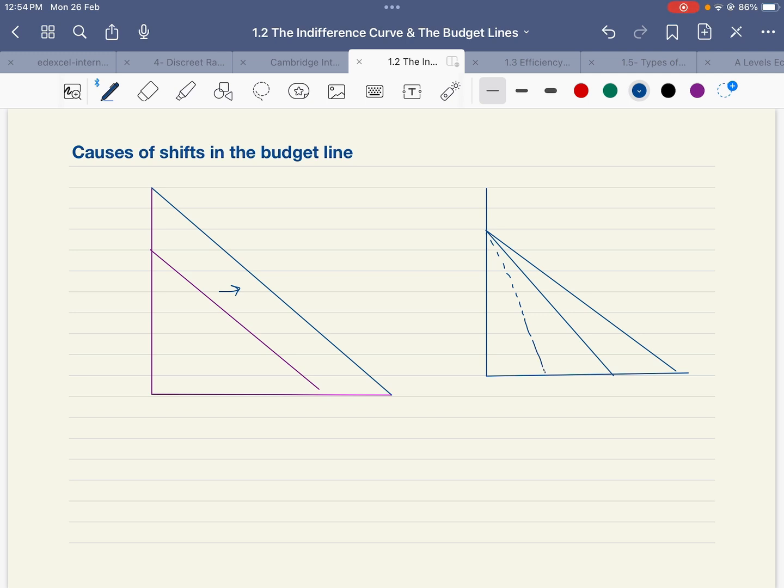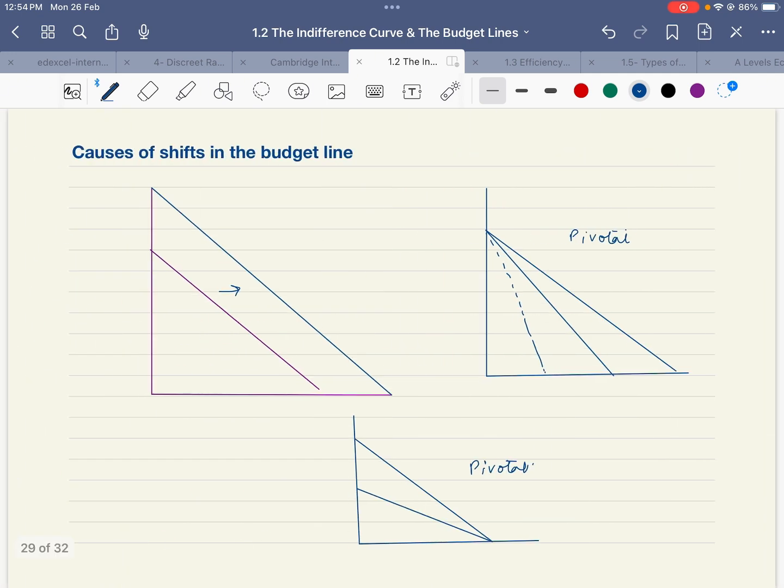The other kind of pivotal shift is like this, where it stays pivoted on the x-axis and moves a bit on the y-axis. It will look something like this. So both of them are pivotal shifts.